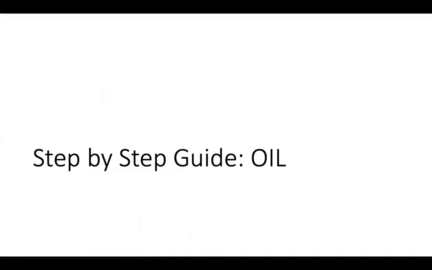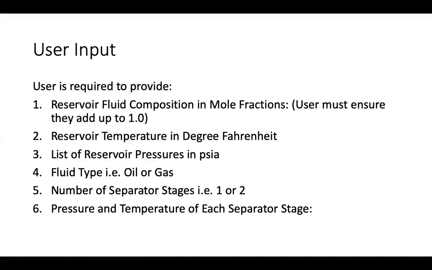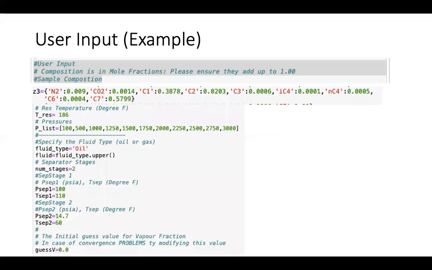Okay. So for oils, once again, we've already mentioned that it requires composition, pressures, temperatures, the type of fluid, oil or gas, and up to 2 separator stages, and pressure and temperature at each stage. Okay. So this is where you would enter. At the moment, I don't have a graphical user interface. I would like to build one, but once again, that's for the future.